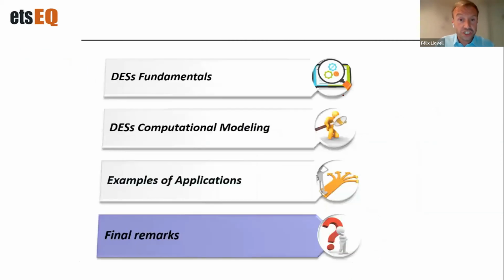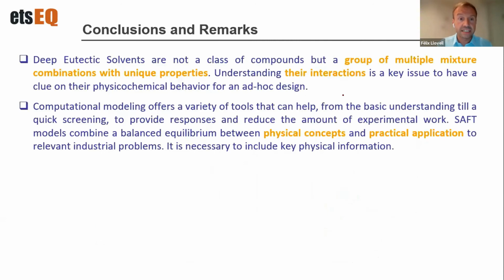I just want to finish my presentation by saying that I was intending to highlight that these are a group of multiple mixture combinations. We cannot see them as pure compounds, and we need to understand them from a mixture point of view, and that it is a key issue to get a clue on their interactions for an ad hoc design. Computational modeling offers a wide variety of options, and in particular, SAFT can provide a balanced equilibrium between physical concepts and practical applications.